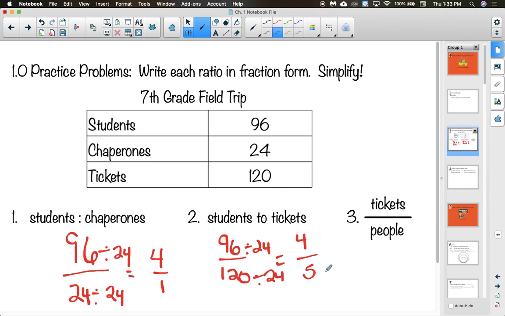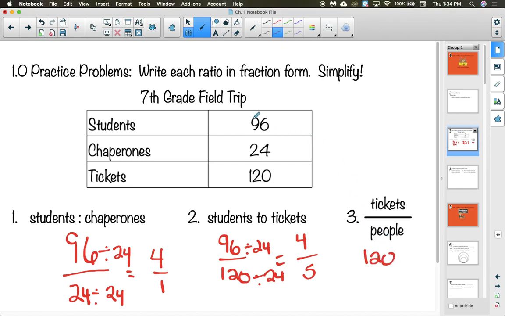We don't read this as 4/5. We read it as 4 to 5 because they represent different parts. Our last example here, number 3, this is fraction form or ratio form. This is our preferred method because it's easiest to do math with this method. This is the ratio of tickets to people. And tickets is our top number this time. That's 120.